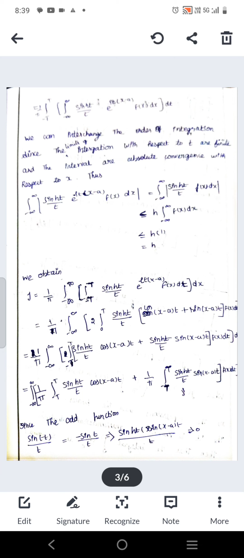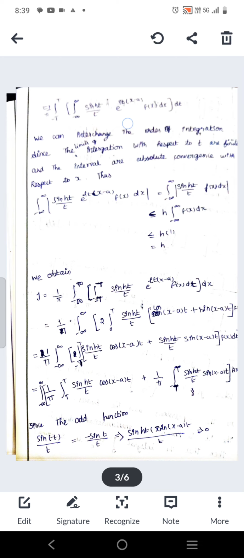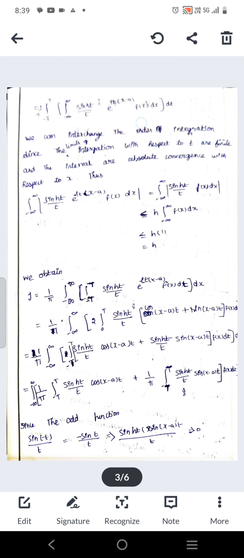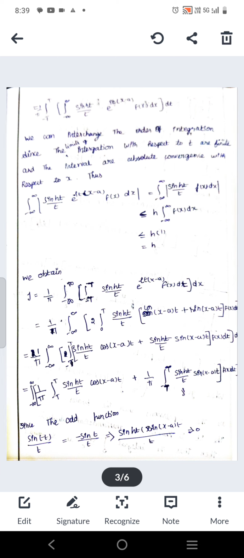Taking the absolute value, we get that the integral is absolutely convergent with respect to x. So first we take the absolute value of the right-hand side, only this term with respect to x, which is equal to this term.